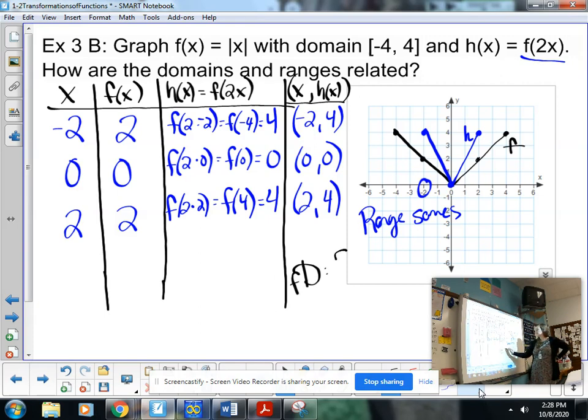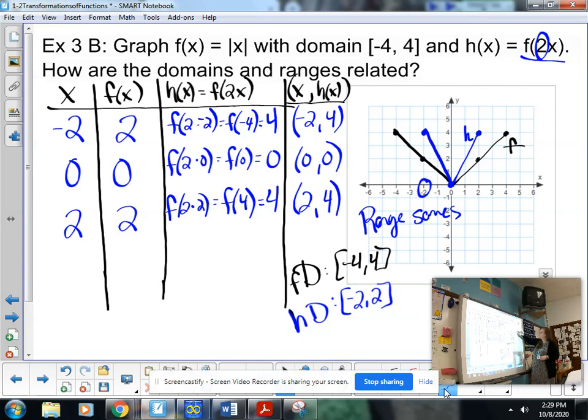The f domain is -4 to 4, but the h domain only goes from -2 to 2. Since I was doubling the values in f, I still had to make sure that they fit within the original domain of f, and if I double just what f has, I'm not within that region. So I'm actually taking half of it by multiplying the x on the inside.